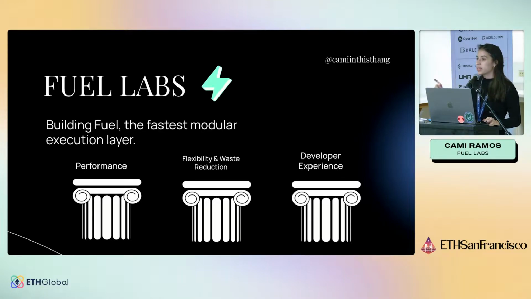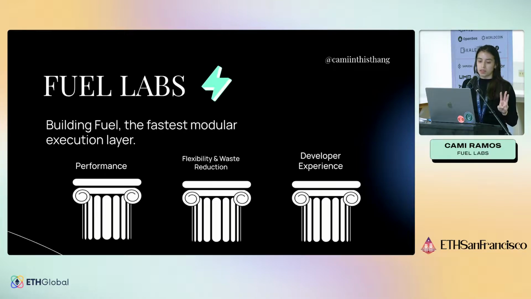It's the engine that can be plugged into any different L1 or any different configuration. You can have Fuel as a sidechain, you can have Fuel as a roll up, you can have Fuel running as a monolithic L1, though we don't recommend it. You could have all of these different configurations, and that's the whole modular idea: as a protocol developer, you can define what you want your chain to look like, and you can say, I want to use Fuel for execution, or I want to use Fuel for execution as a sidechain or something like that.